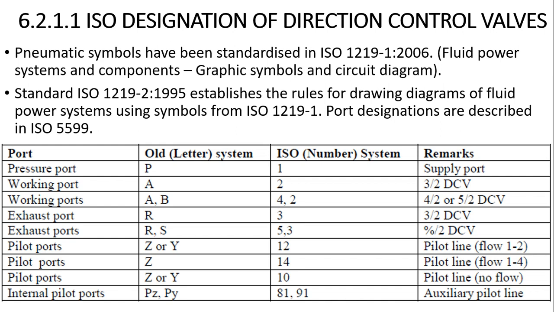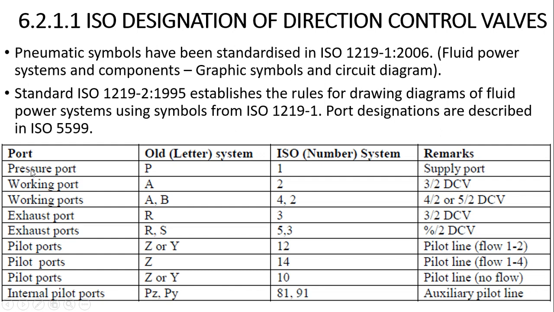In the first column you can see the port. Second, you can see the old letters, meaning what they used to label it before ISO 2006, and post-2006 what the various conventions are that are followed worldwide. Okay, so we will go one by one.